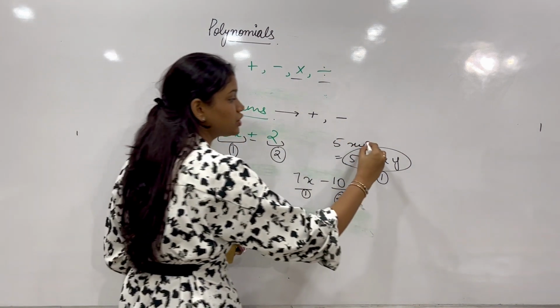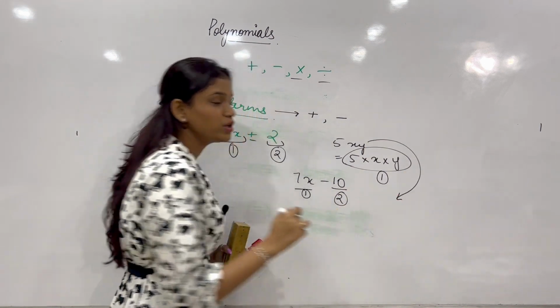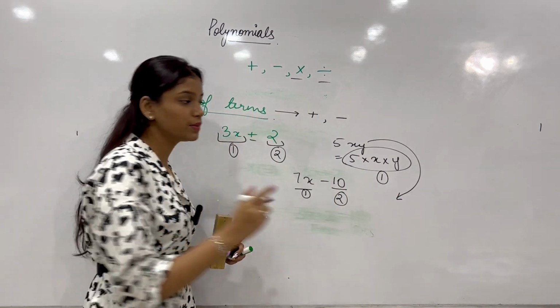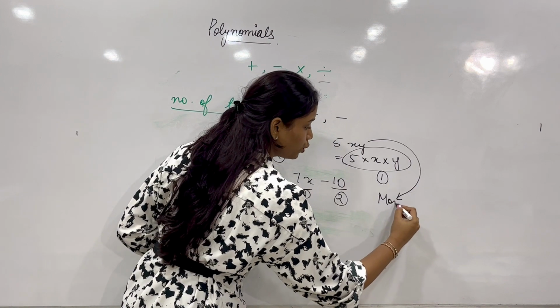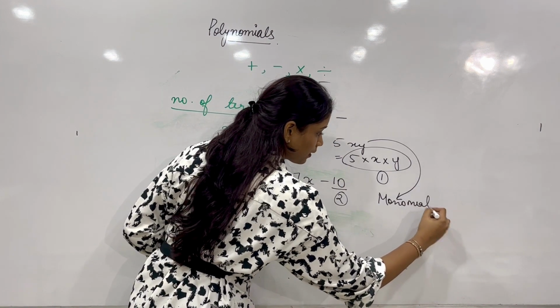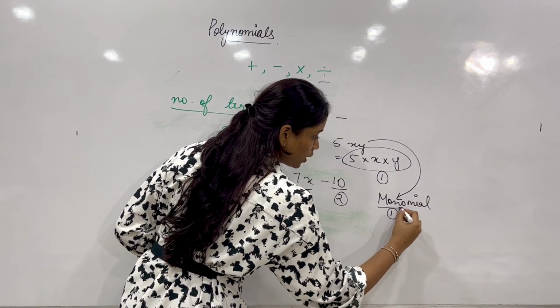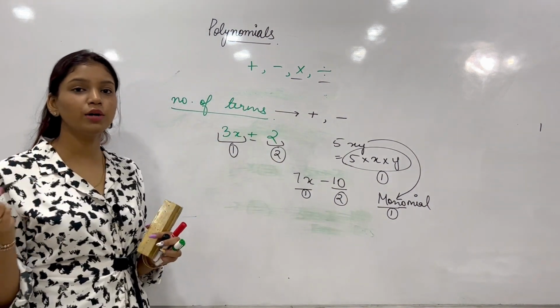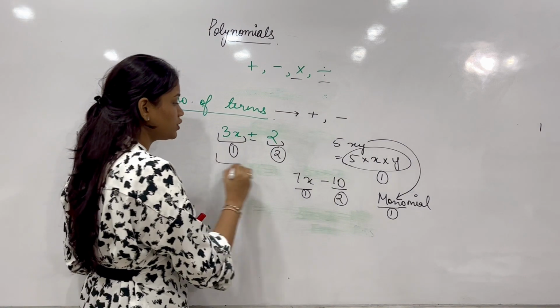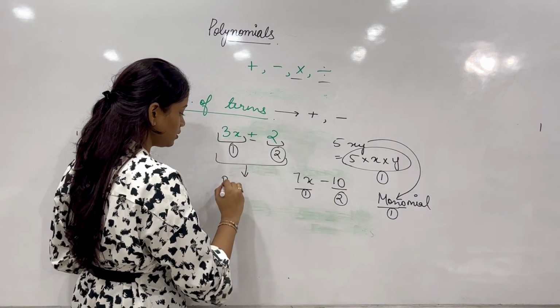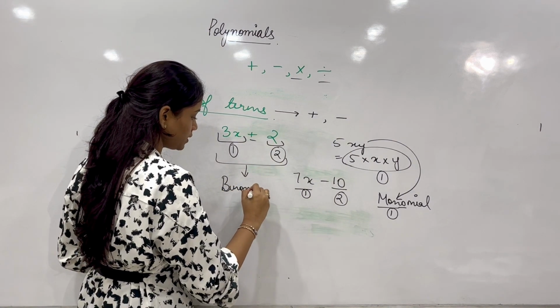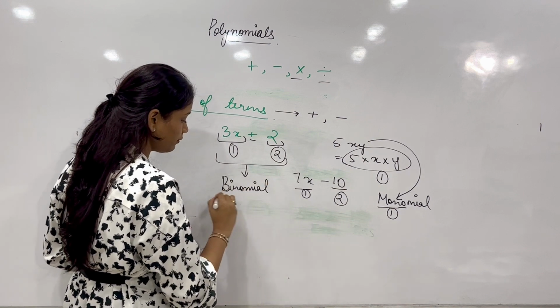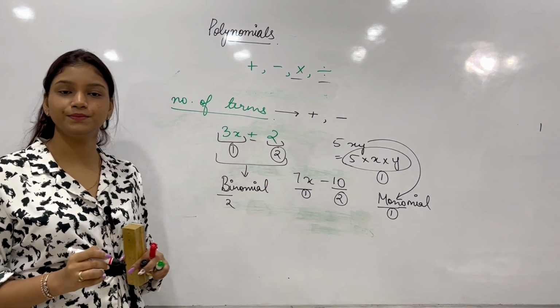Now, such expressions which only have one single term are called monomial, where mono means one. One term wala expression will be called a monomial. Such expressions which have 2 terms are called a binomial, where bi means 2.